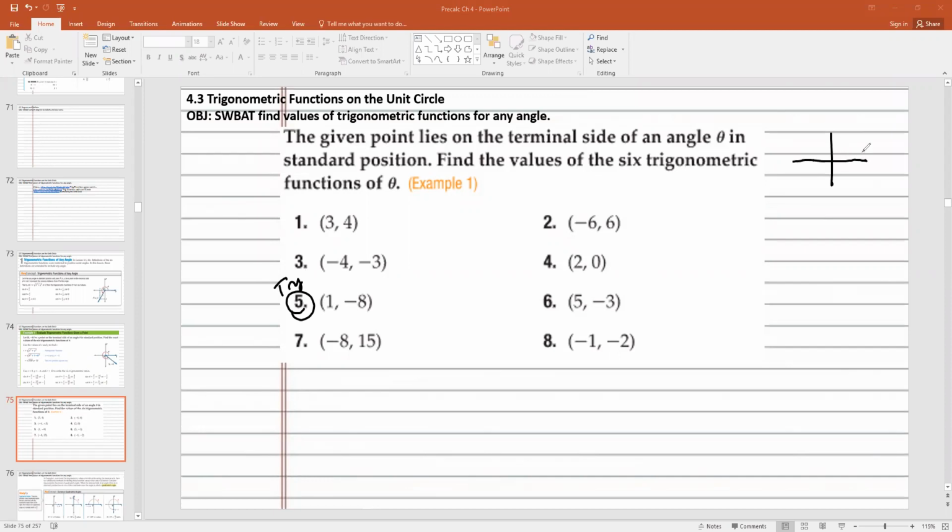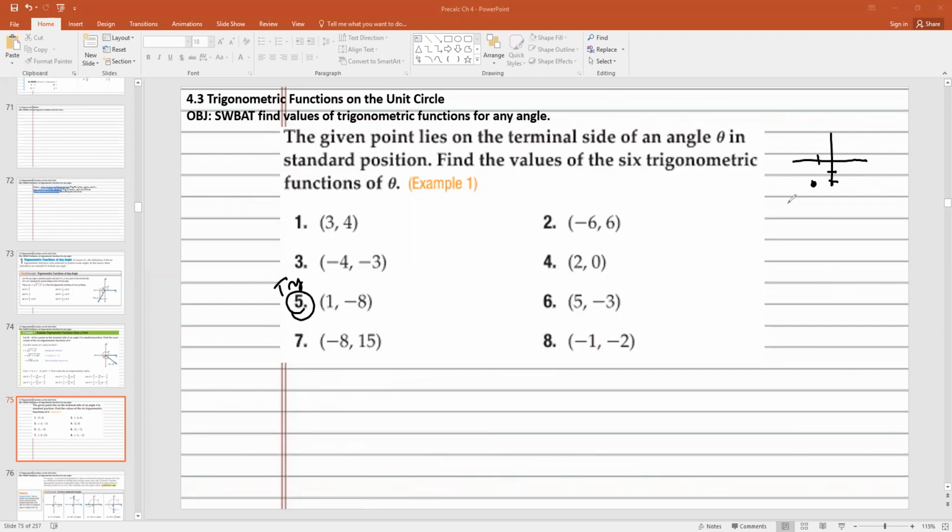Here our coordinates are -1, comma -2, so it's going to be in the third quadrant. Remember, the quadrants are 1, 2, 3, and 4. It's probably been a long time since you saw that. We'll see that again later.